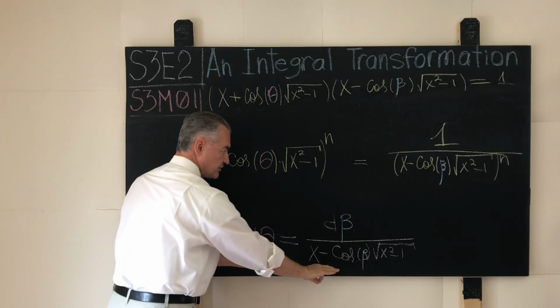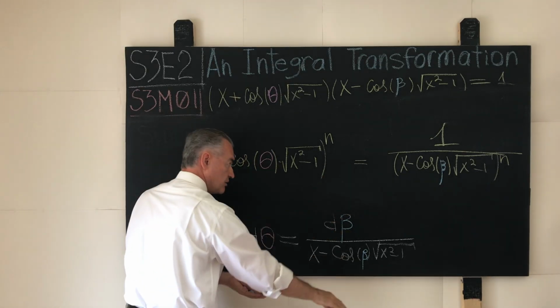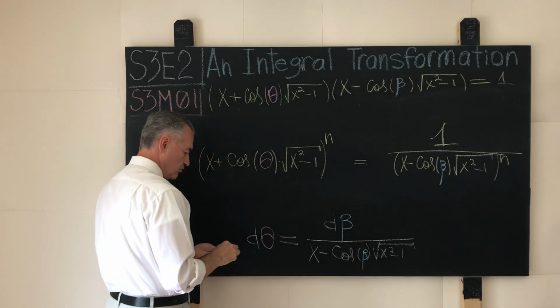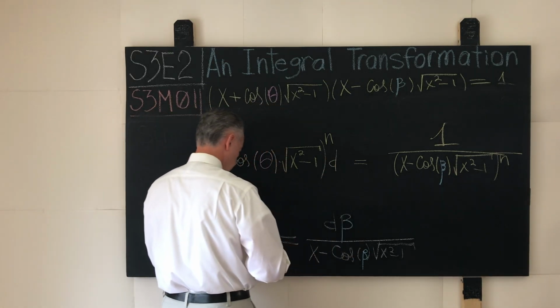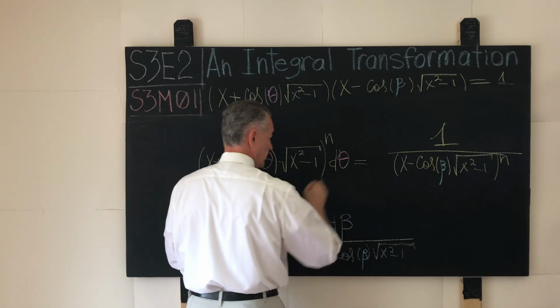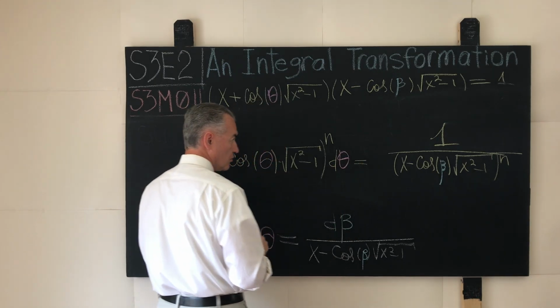Now we take this result and we multiply this result by this one. So what do we get? We get d theta. d theta is equal to what?